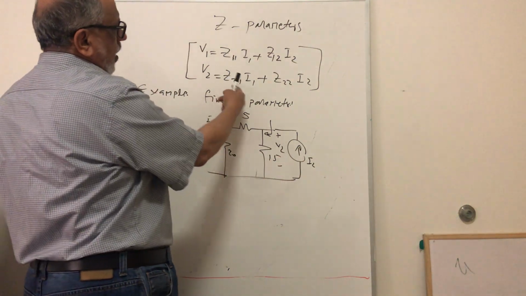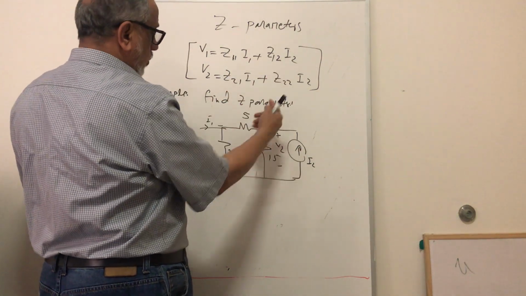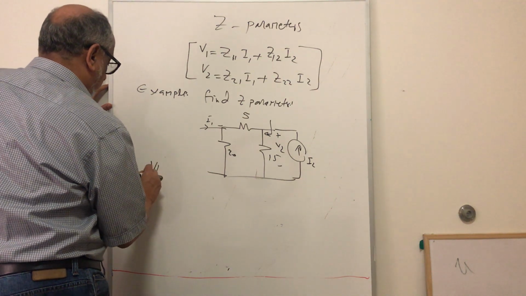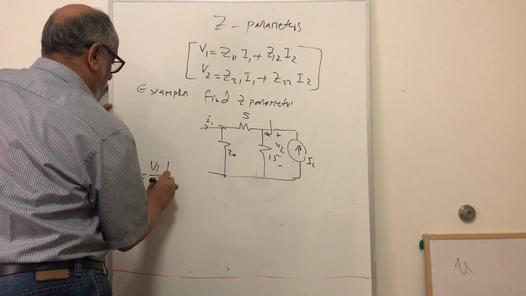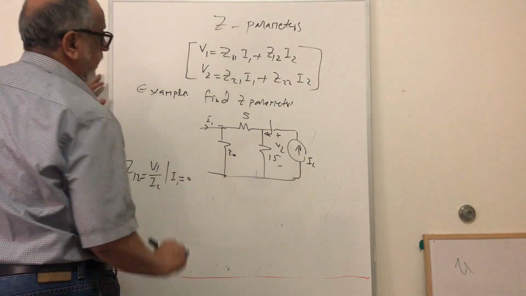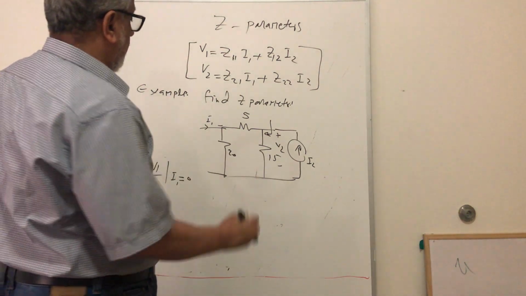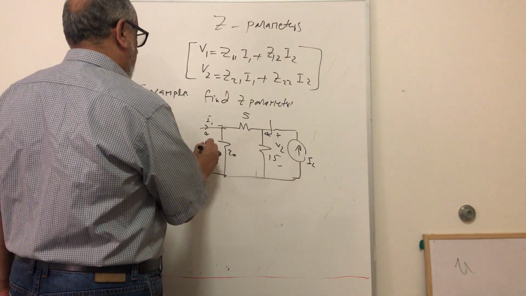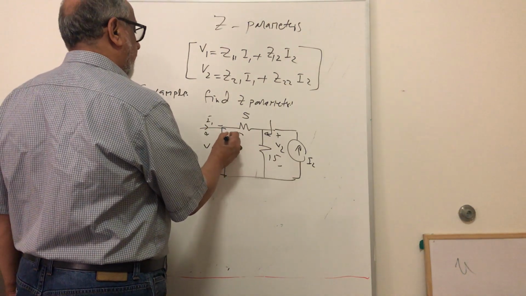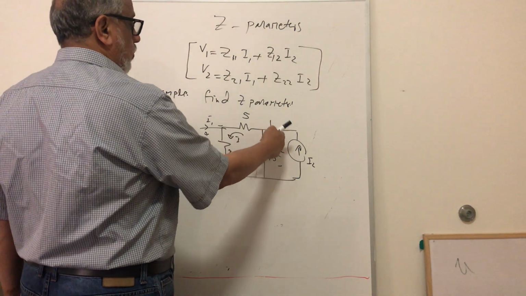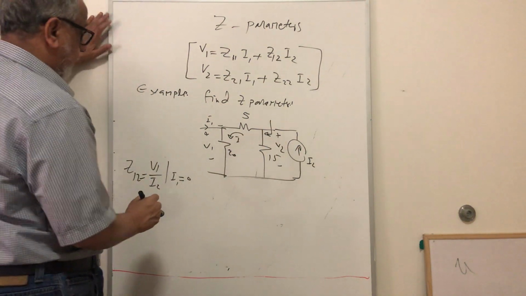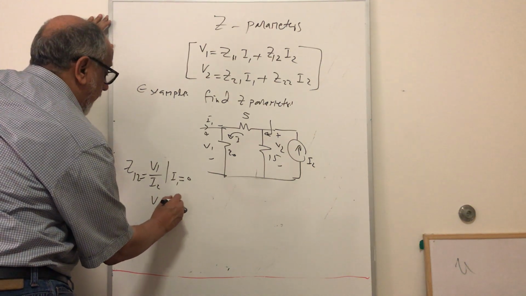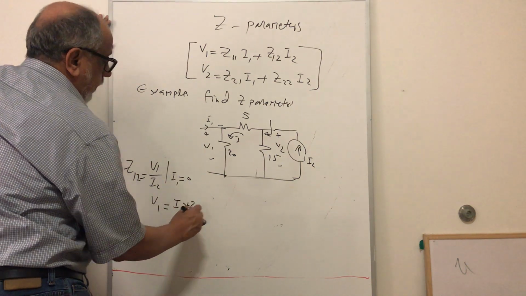Let's start with Z12. Z12 is equal to V1 over I2 when I1 equal to 0, right? So that is I2 and this is V1 here, right? So again we have to do the same thing and find I in terms of I2. So we can say V1 is equal to I times 20.